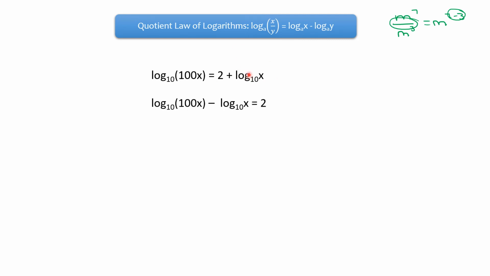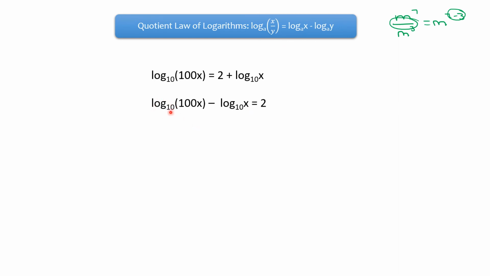The first thing I want to do is take this log over here. I want the logs together. I want the logs on one side, kind of like this pattern up here, right? Now when you look at this right here and this, I should be able to take these two logs and write them as one. It's almost like you're factoring out the log base 10.